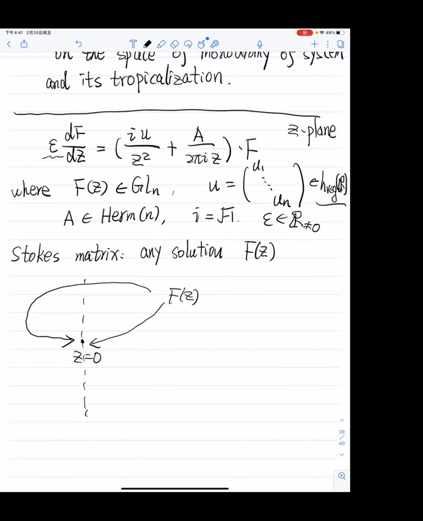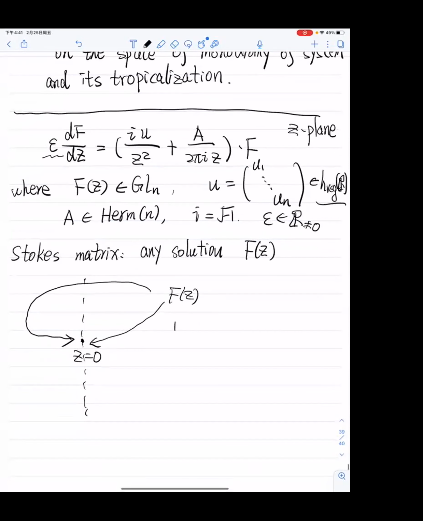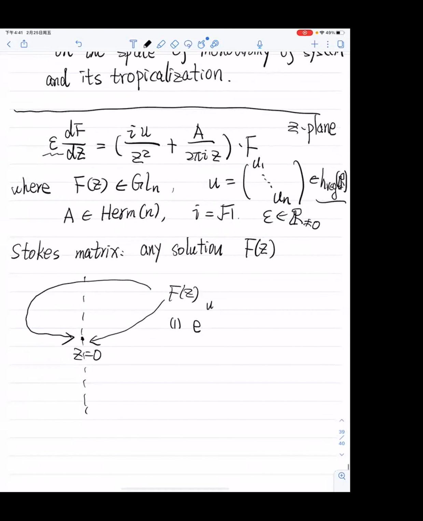Then you will figure out that there exist constant matrices such that, this is quite a general fact I'm going to recall, F(z) has the following asymptotic behavior near 0: z to the power bracket A, where bracket A takes the diagonal part of the matrix A, times F(z) is asymptotic to a certain invertible constant matrix T plus or minus as z goes to 0 in the left or right half planes.